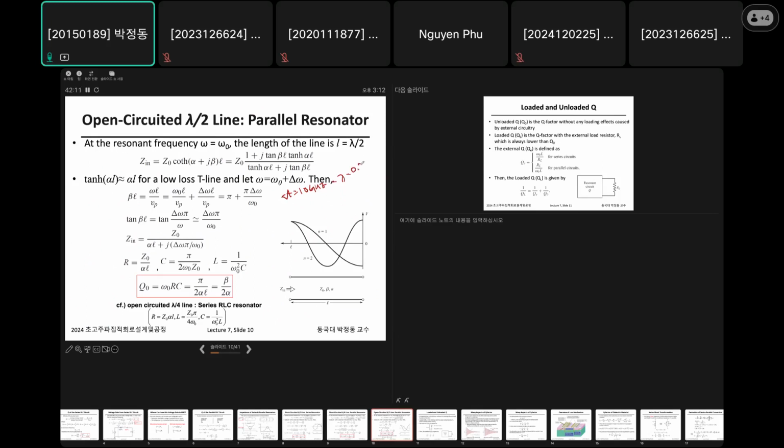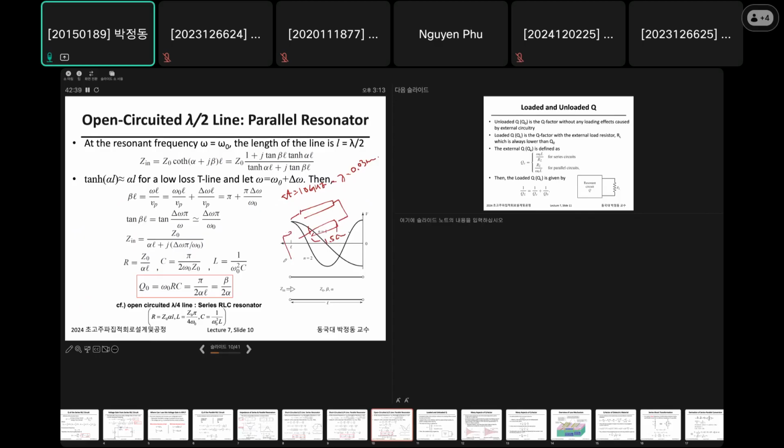So I just design based on what I learned. Let's say this is a lambda over 2. So I designed it such that this is 1.5 centimeter and made it short. What I expect is this is a short circuit with a lambda over 2 transmission line.